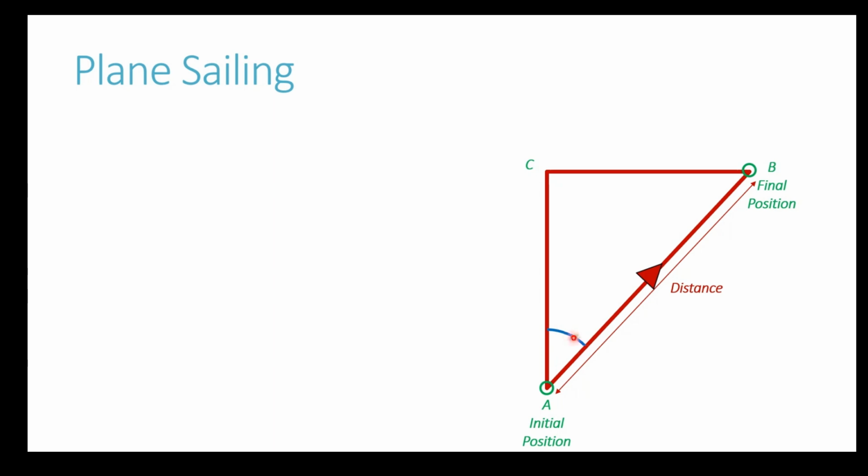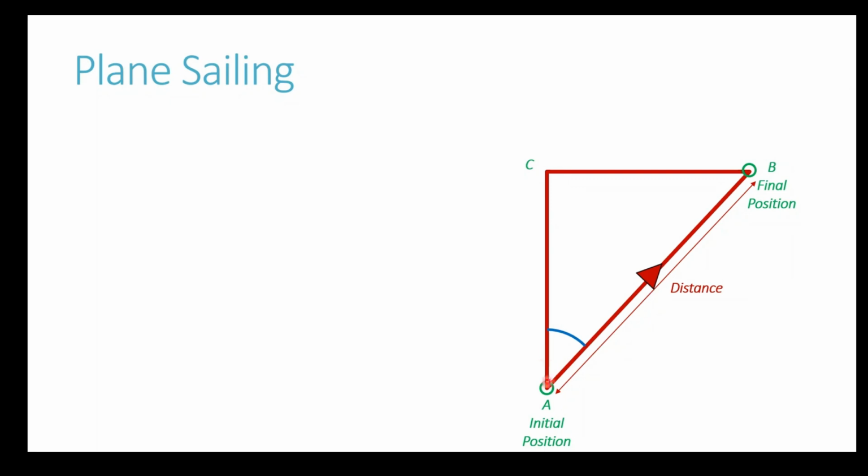Now this angle which you see here, this is angle A. This is the angle between true north and the ship's head. You see the AC line is pointing towards true north. It's a vertical line, and the direction of true north on our chart is vertically upwards.